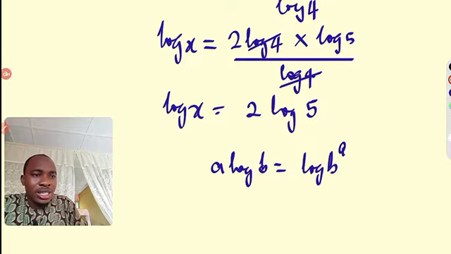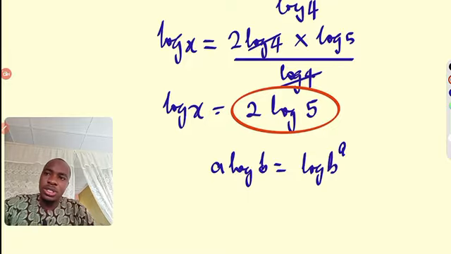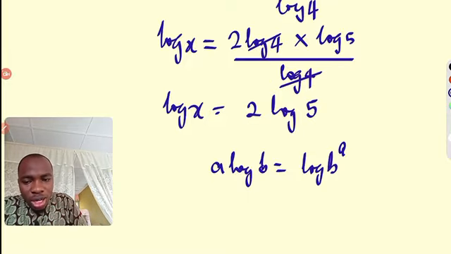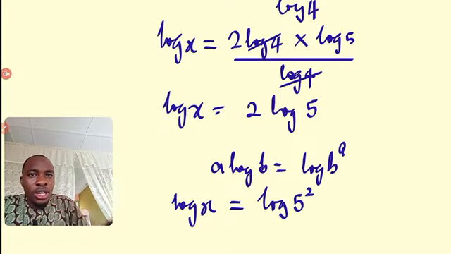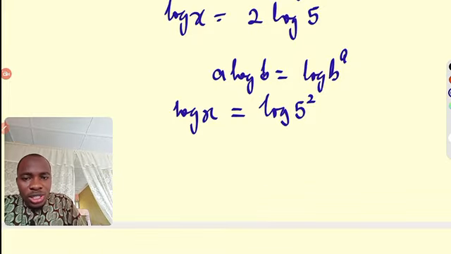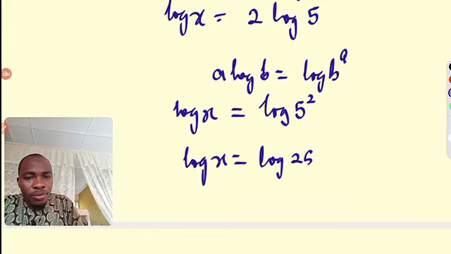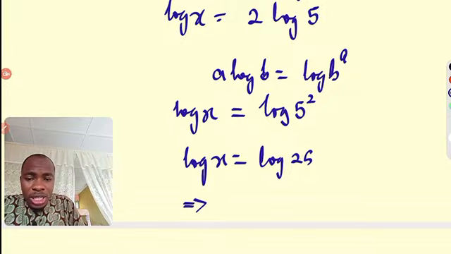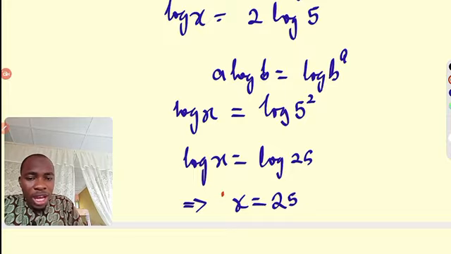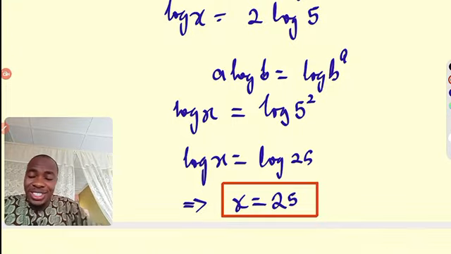So log x equals log 5 to the power of 2, and 5 to the power of 2 is 25. We have log x equals log 25. Since we have the same base, this implies that x will be 25. Therefore the solution to the problem is 25.